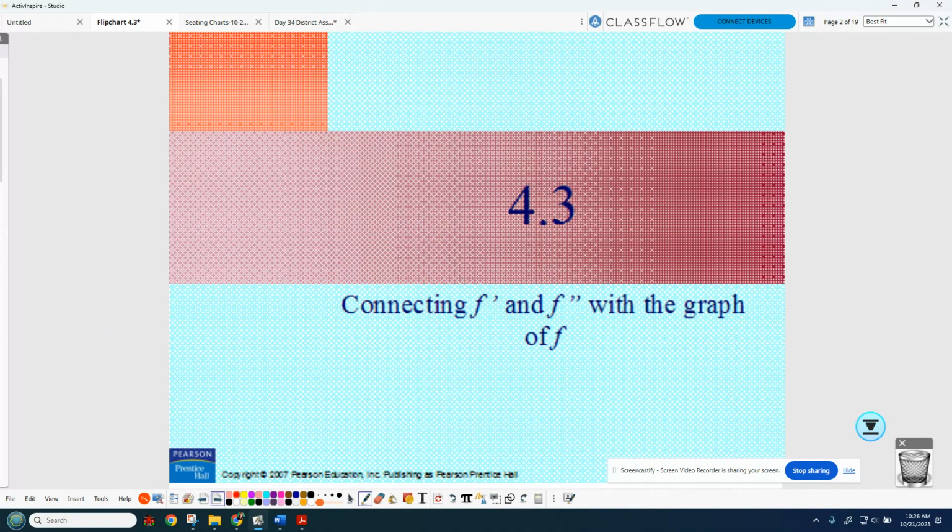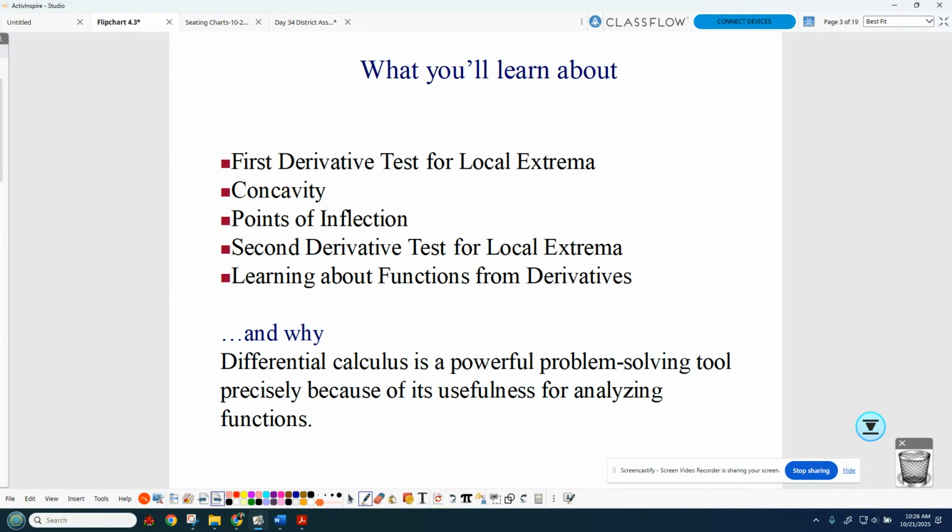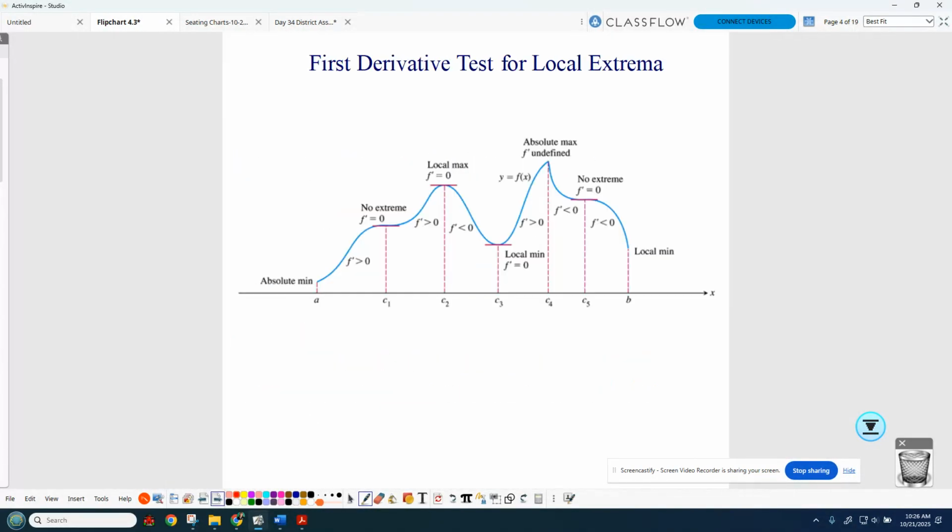Okay, so today we will try to get through understanding what F prime and F double prime mean, and visually what information that gives. So just looking at the picture, the first derivative was positive and 0 right there, so that is a critical point.